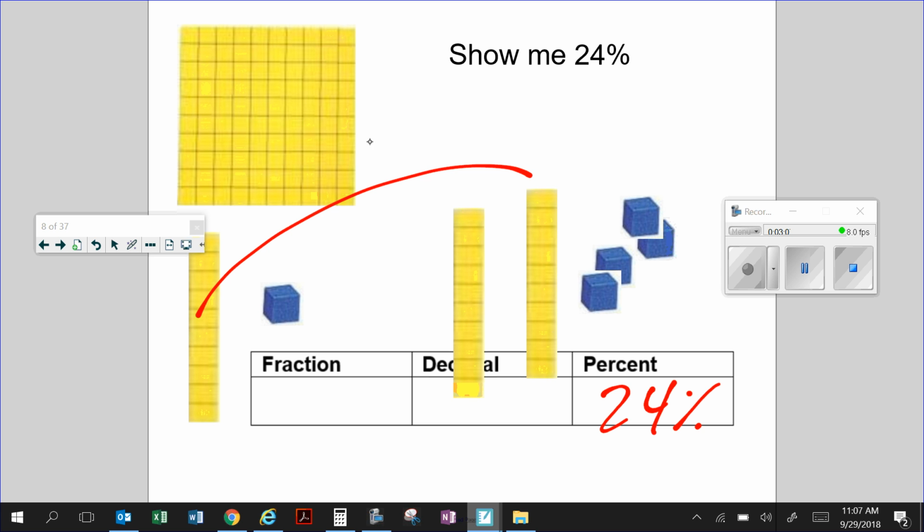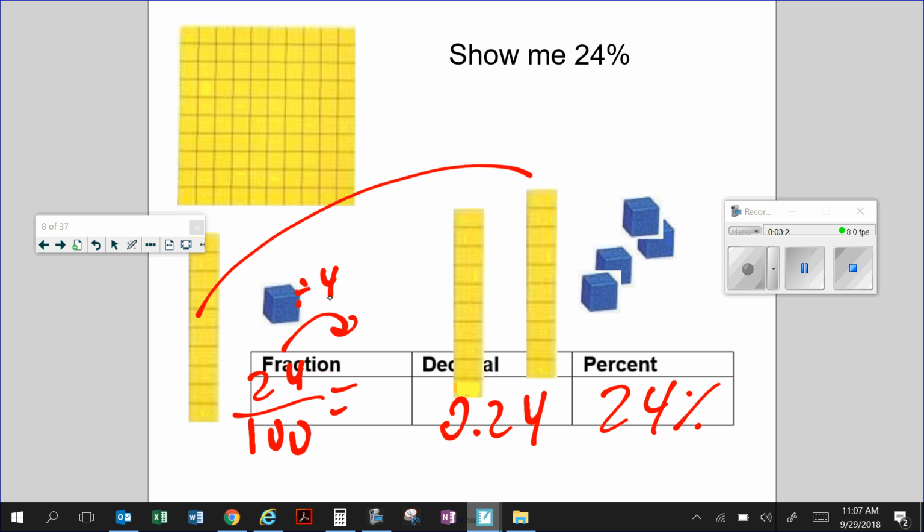Compared to this one whole, what decimal is this part? 24 hundredths, and it's 24 out of 100. So all of these are equivalent: 24/100, 0.24, 24%. You can simplify this by dividing by 4, so it can also be 6/25.